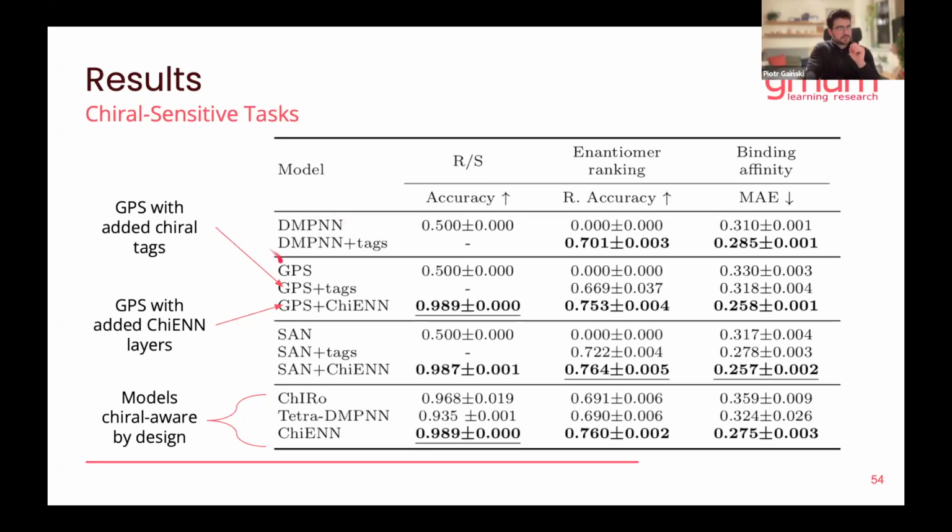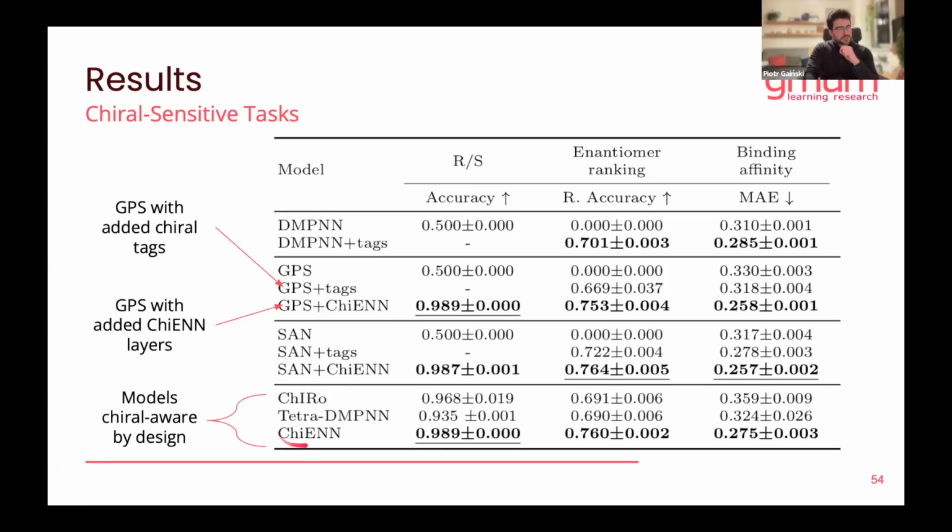We have versions of the models with chiral tags, and versions of two models with our ChiENN layer. They are interchanging, as in GPS, the layers of transformer and GNN are interchanging. So here we replace the default GNN layer of GPS with ChiENN.